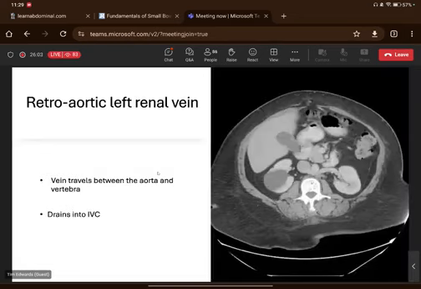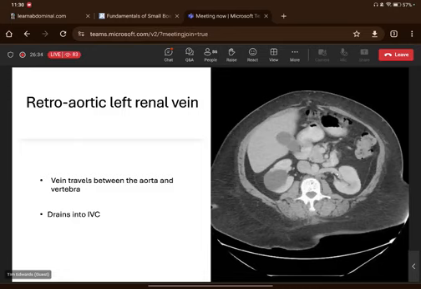This is another really important one that's testable and is relevant for clinical practice as well. As we spoke about before, the left renal vein in normal anatomy courses anteriorly to the abdominal aorta and drains into the IVC. But in a retro-aortic left renal vein, as it says on the tin, the left renal vein courses posteriorly to the abdominal aorta and drains into the inferior vena cava.